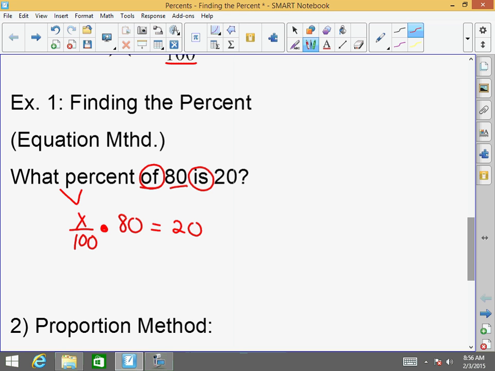This is how you set it up for finding a percent. You with me here?